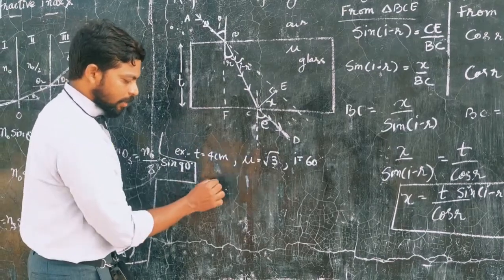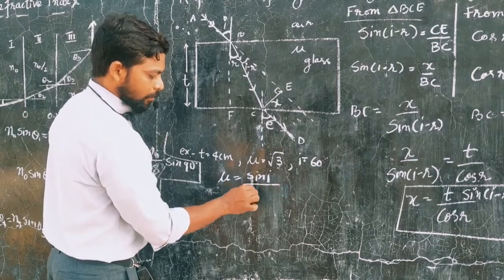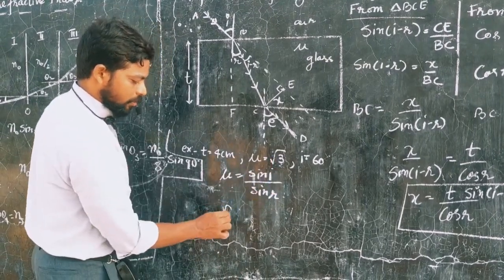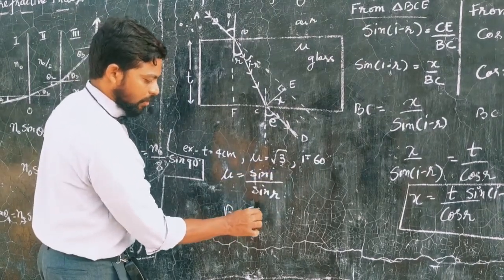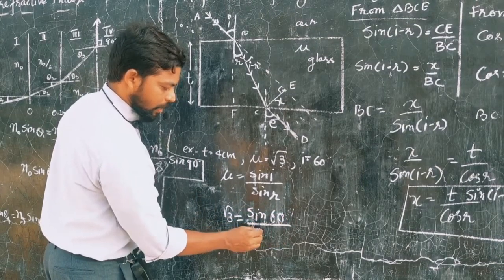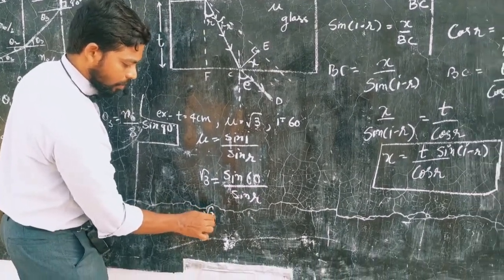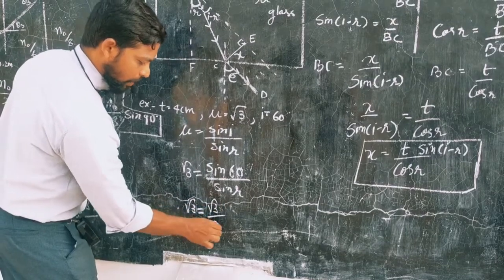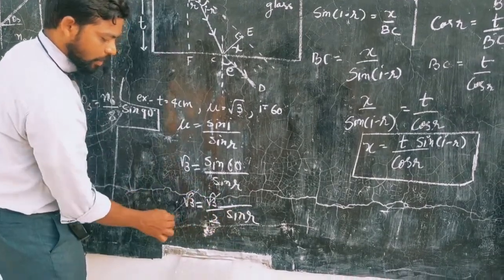Snell's law says that mu is equal to sine I by sine R. Mu is given as √3, I value is given as 60, so √3 is equal to sine 60 by sine R. Sine 60 value is √3 by 2, so √3 gets cancelled.